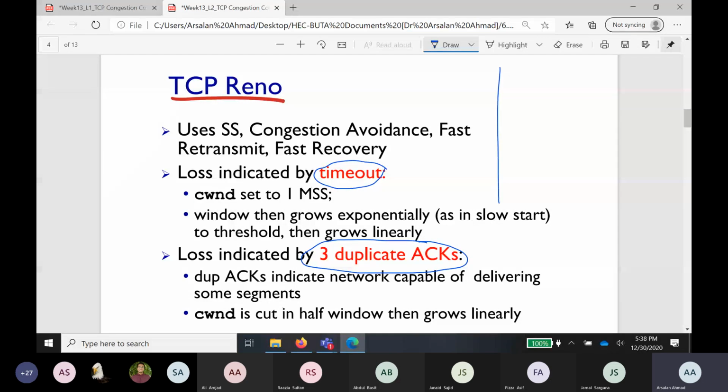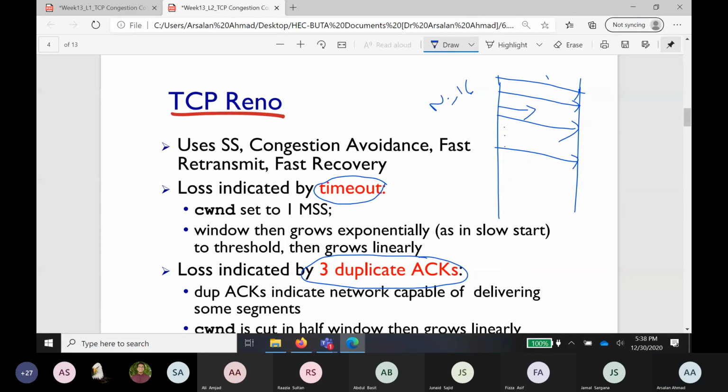Let me explain. Let's assume that our window size is 16, N is equal to 16, and the sender sends all packets one by one: packet 1, packet 2, packet 3, which let's assume is lost, packet 4, 5, 6 and so on, up to packet 16. Then we receive acknowledgements: after receiving packet 1, it sent ACK of 2, and then ACK of 3.